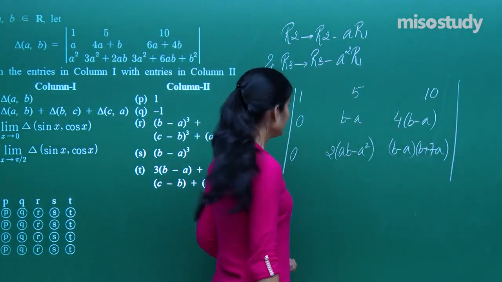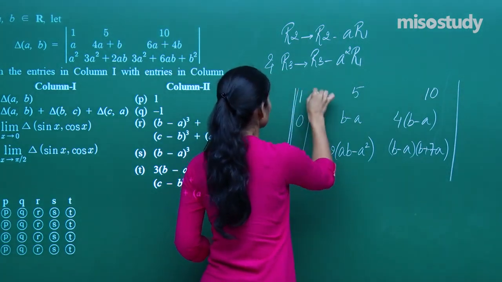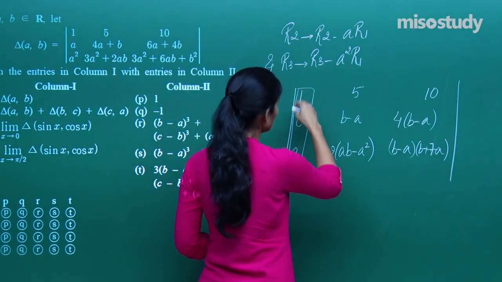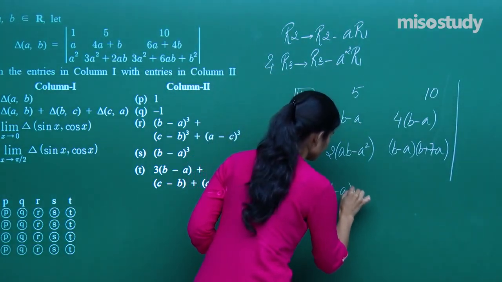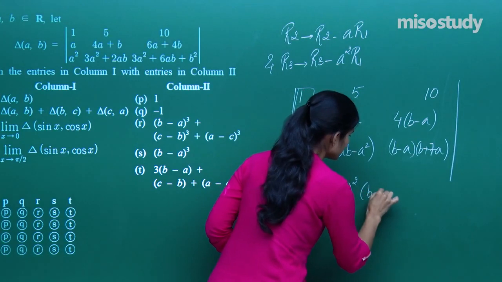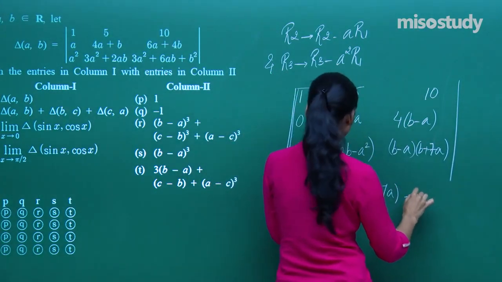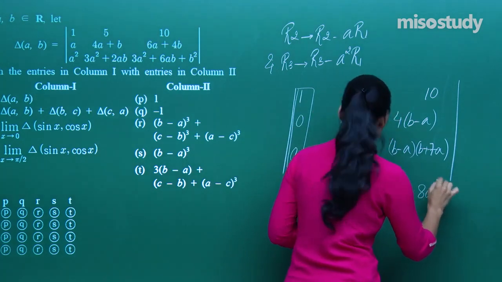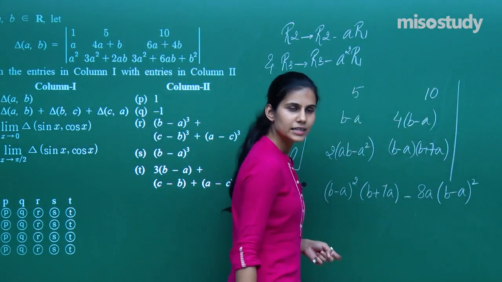Now, you will obviously be wanting to expand this along the first column. So, when you do that, what you get is b minus a into b minus a whole square, b plus 7a minus 8a times b minus a whole square. That is the value.